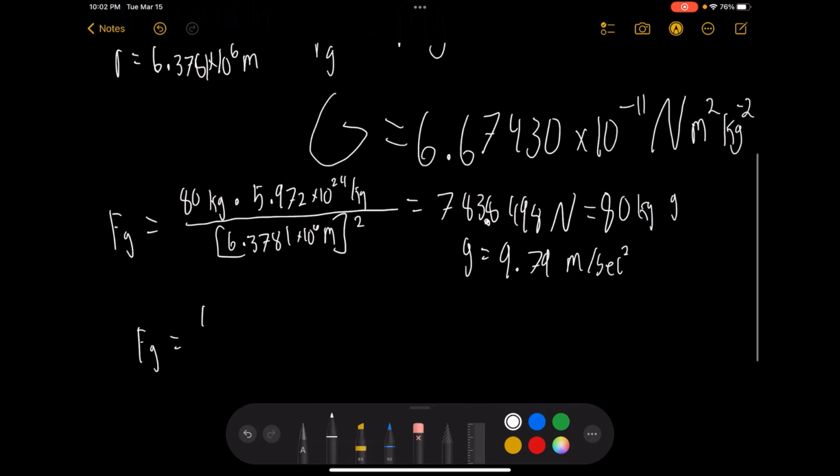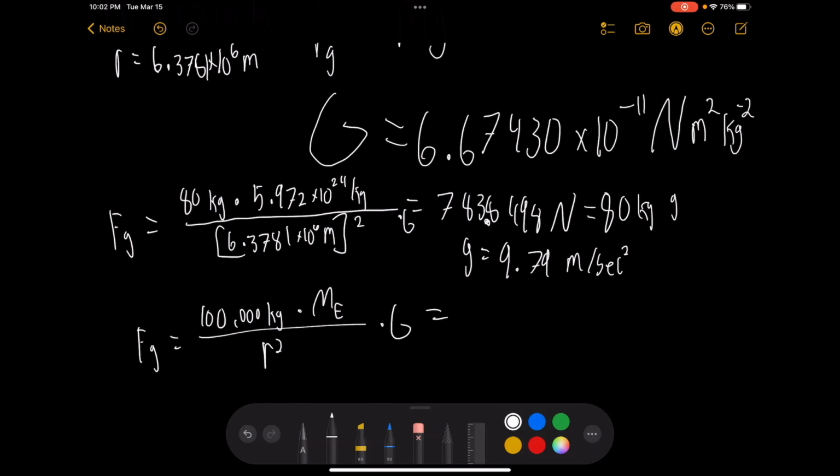F of g is now going to equal 100,000 kilograms times, obviously you've got to multiply this also, g times our value, over r squared.